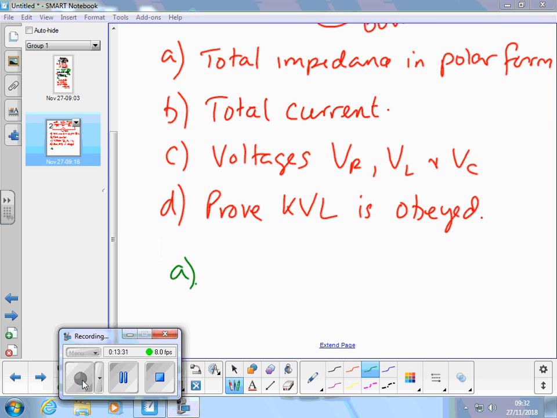Right, guys. What have we got here? Total impedance ZT equal to what? Looking for the formula to start with.